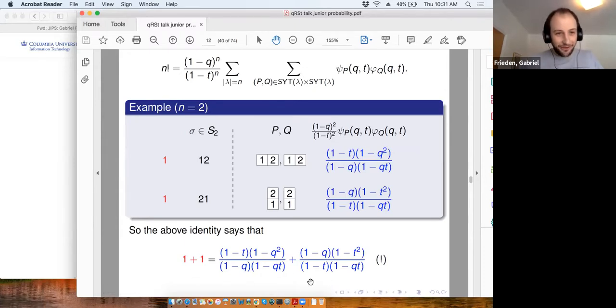That's quite a bit more complicated than the situation for Schur functions, where it would just say 1 plus 1 equals 1 plus 1, and then we can try to define a bijection. But here, I can't just say map this permutation to this pair of tableau and this permutation to this pair of tableau. That's not going to prove this identity. So we have to introduce the idea of a randomized insertion algorithm.